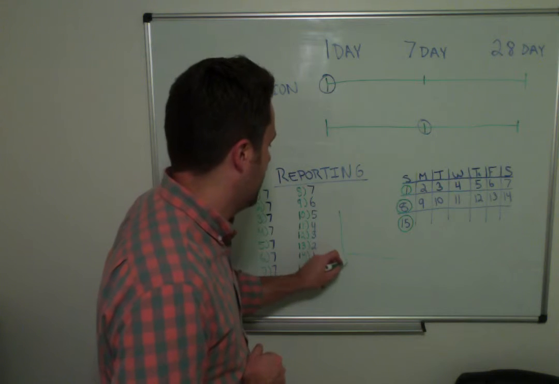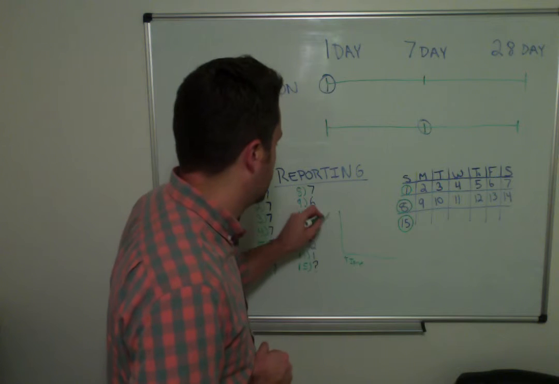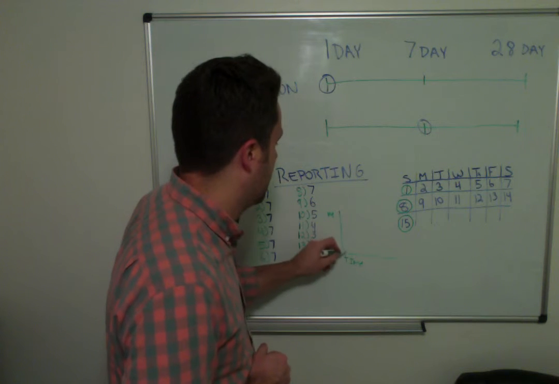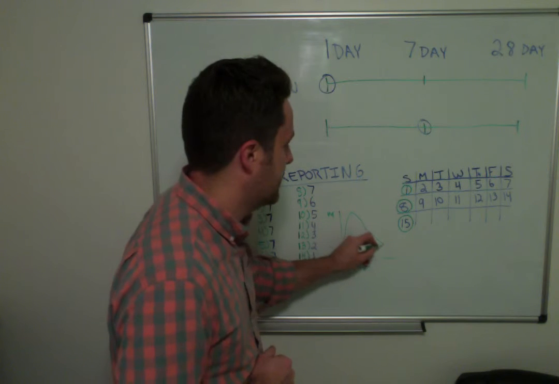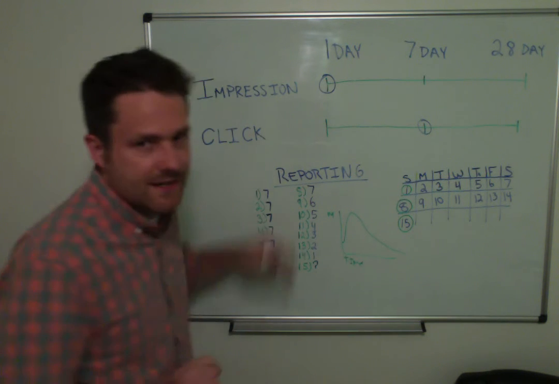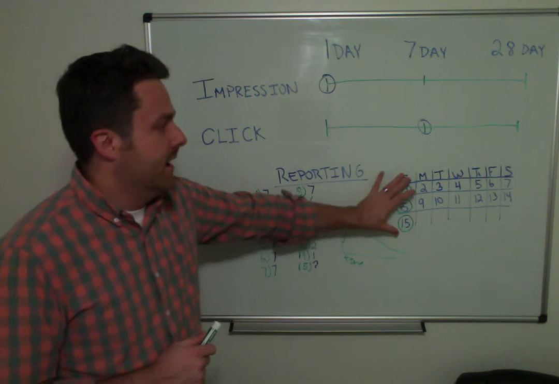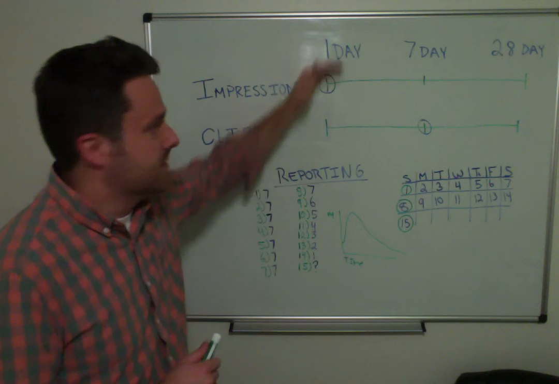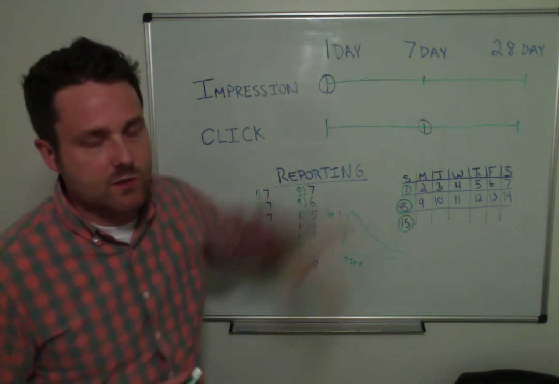If this was time, and this was your metric here, a lot of it's going to happen within the first few days, and then it's going to trail off. It's not going to be as linear as I explained here. But that being said, it's important to understand the differences between both an impression and a click, in a 1-day, a 7-day, and a 28-day.